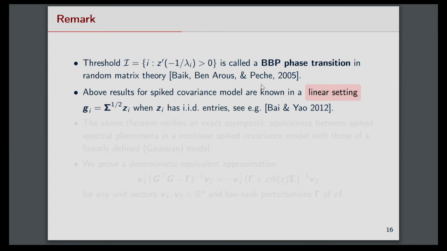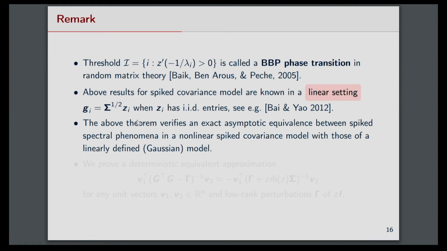For the spiked sample covariance matrix in the linear setting, if you consider the GI written as a square root of sigma times an IID entry random vector, then it has been analyzed before by Bai and Yao. And our result is like a Gaussian equivalence for this linear model. We show that our nonlinear spiked covariance matrix has the same kind of asymptotic equivalence with this linear model.